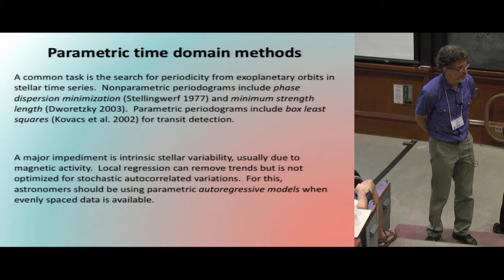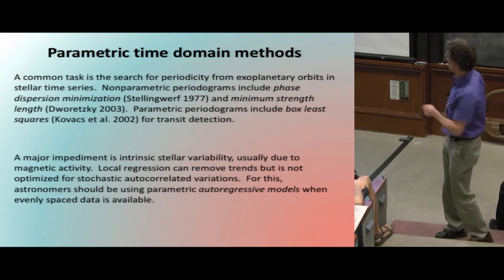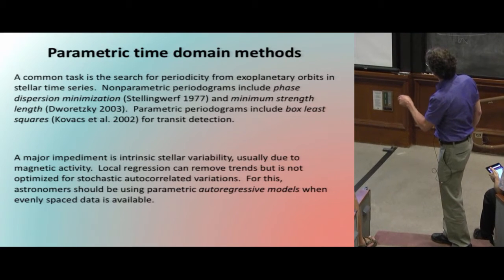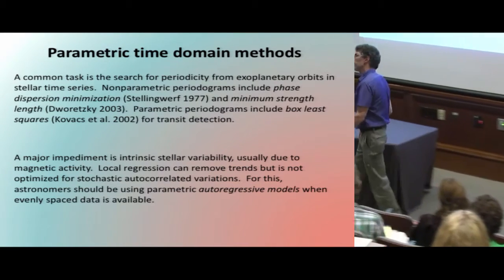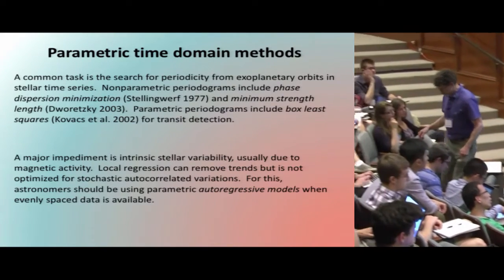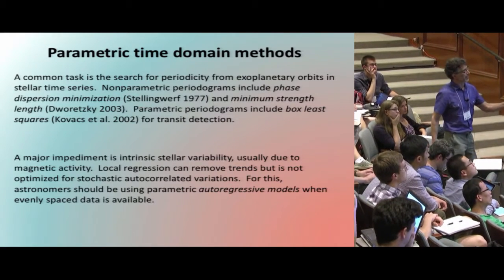That was all before they discovered planets. They had binary stars and rotating stars. There's another version of it called the minimum string length by Dvoretsky. It's less popular. It only has a couple hundred citations. It's another non-parametric measure. It's closely related to the Durbin-Watson roughness statistic. I won't go into it. But it's very similar. It's just unbinned.